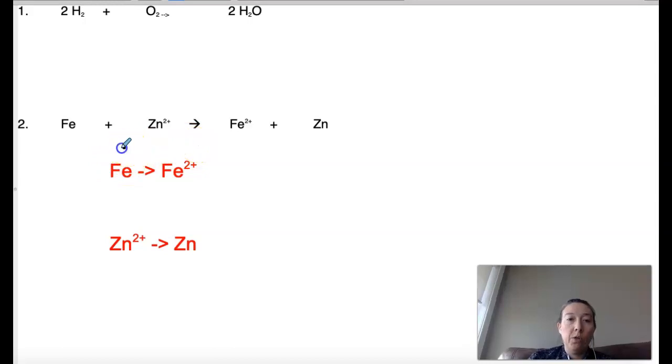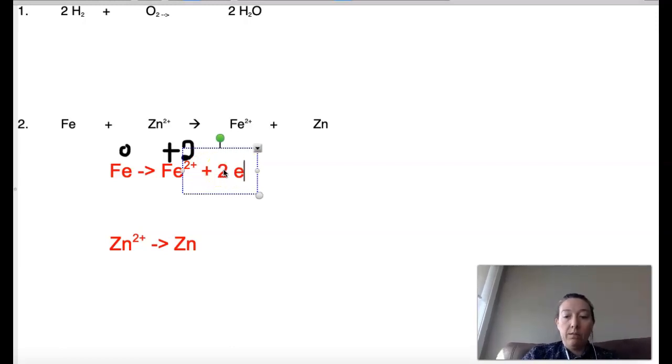So we have no charge on this side, and we have 2+ on this side. So because we have a 0 and +2, we're going to need to add 2 electrons. And we're going to need to add the 2 electrons over to this side. Okay, by putting them on that side, now I have +2 -2. That gives me a sum of 0, which balances the charge on this side, which was a 0.